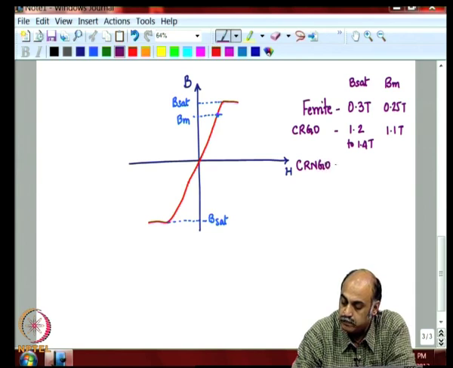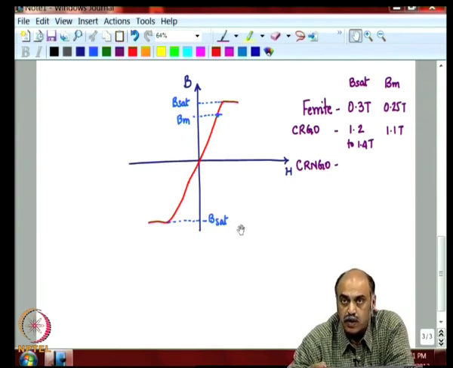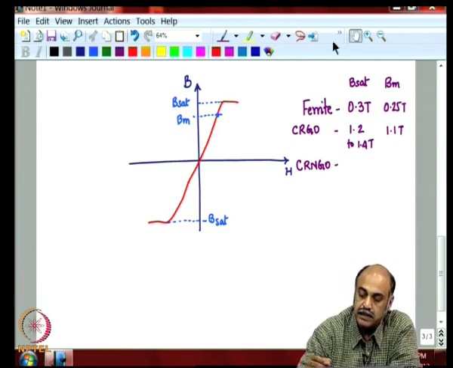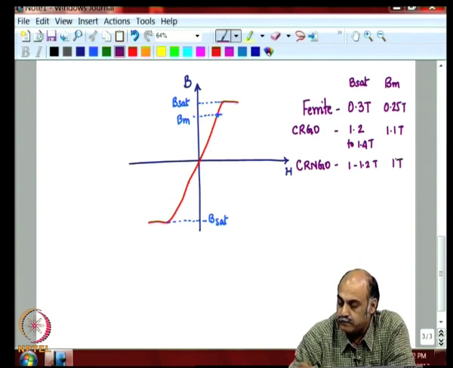CRNGO is cold rolled non-grain oriented silicon steel, which is normally used for motors where the flux fields are radial in nature, and this has 1 to 1.2 Tesla as the BSAT. So, around 1 Tesla.